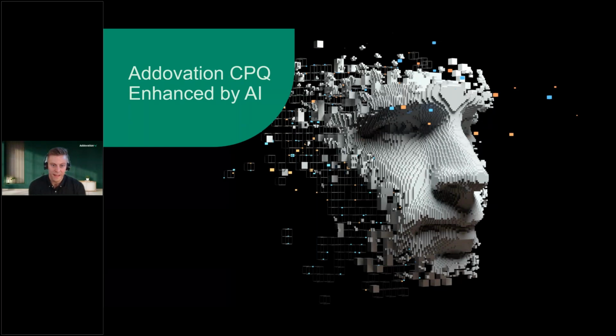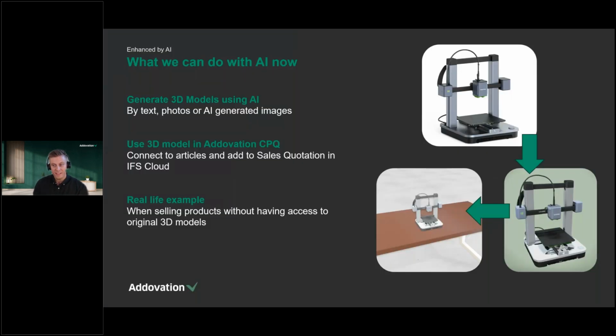Thank you, Lars. I think that when we are talking about AI, we should always focus on two different aspects of AI: what can we do now and what can we hopefully do in the future. What we can do now is generate 3D models using AI.